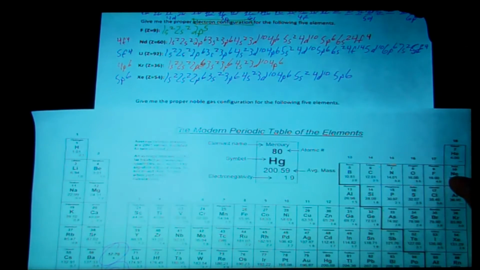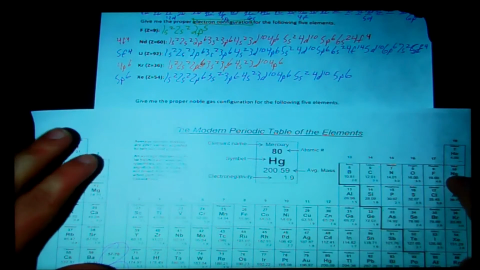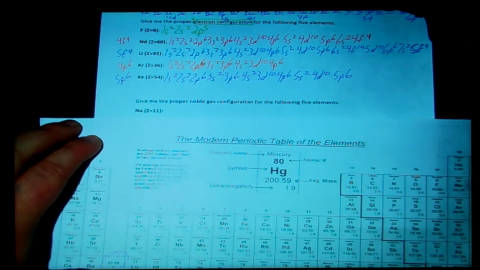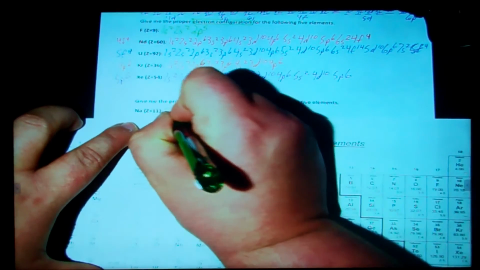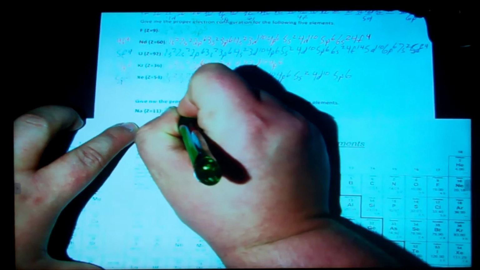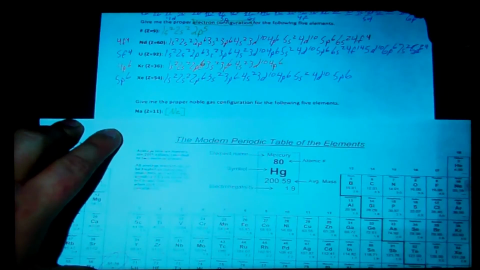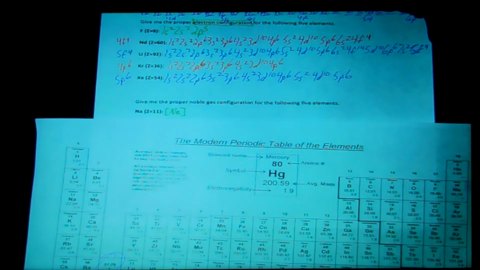So neon. Once I do this, I put neon in square brackets. Its chemical symbol. So I will put square brackets, not parentheses. Remember that. Now let me stress to you, that's a capital N, a lowercase e. It does matter. If you give me capital N, capital E, you're 100% wrong.